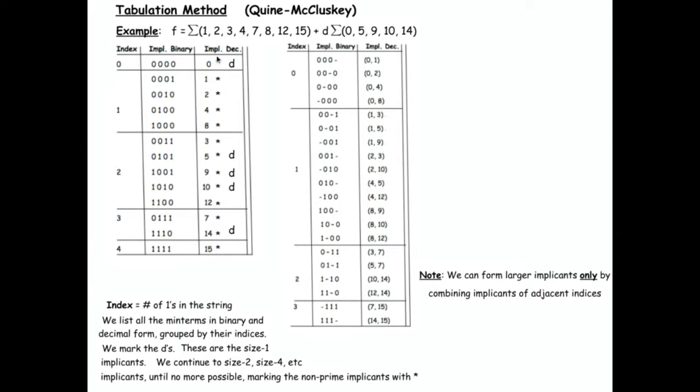What it shows us is that all of the ones were covered by implicants of size at least 2, meaning that we got rid of all of the trivial implicants of size 1. So none of these 1s or Ds is going to be lonely; they're all going to be at least in a pair.